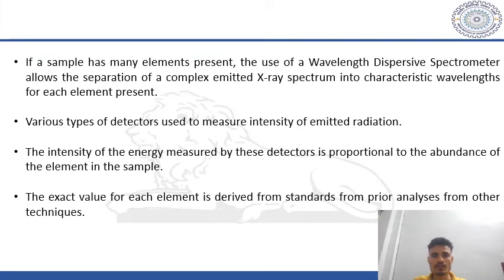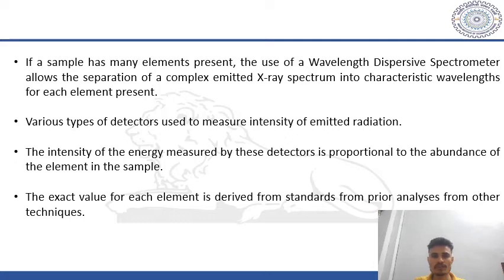Now, if a sample has many elements present, the use of a wavelength dispersive spectrometer allows separation of a complex emitted X-ray spectrum into characteristic wavelengths for each element present.